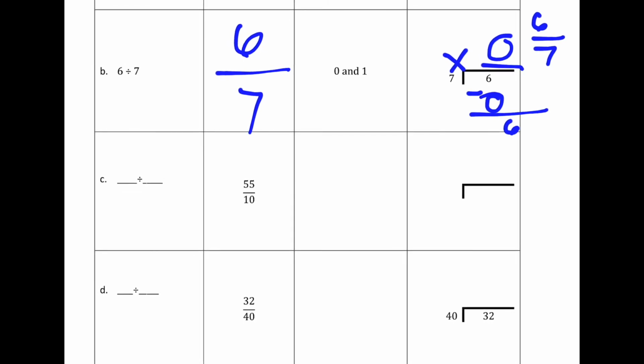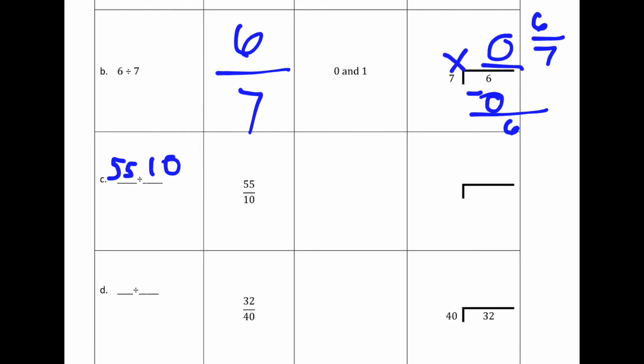Alright? Let's do C. Okay? So we don't have the expression, but we do have the fraction. So again, the top number, the numerator, goes first. 55 divided by, and the denominator, the bottom number, goes second, divided by 10.